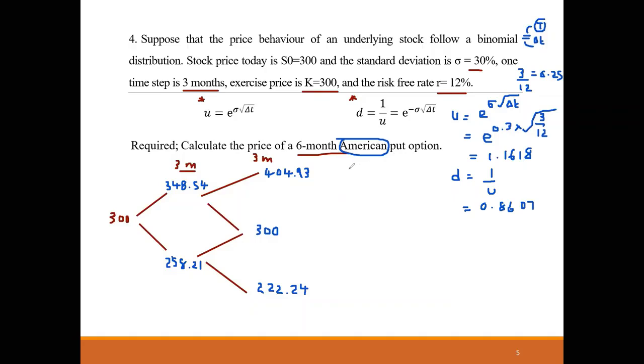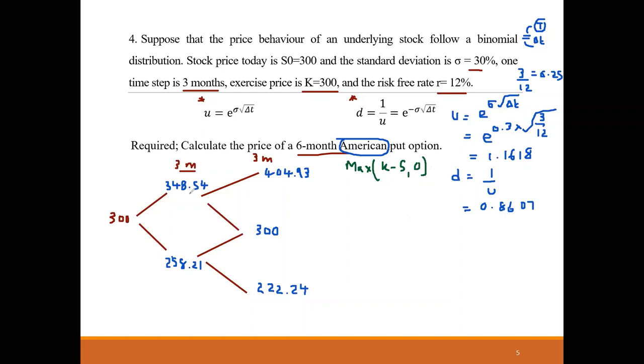So for a put, again, it would be the maximum of strike price minus the stock price or 0. So here at this point, how much would you get as the payoff?